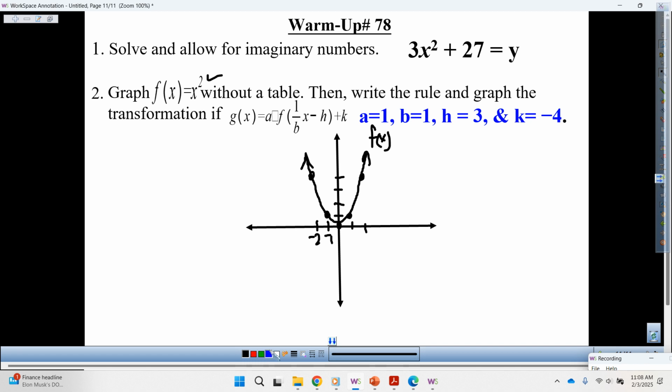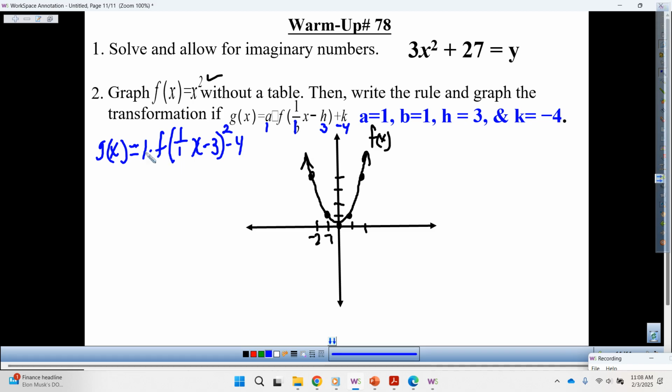All right, so now we need to substitute values in here. So a is 1, b is 1, h is 3, and k is negative 4. So my new transformation, g of x equals 1 times f of 1 over 1 times x minus 3, to the second power, minus 4. What did we say last week?